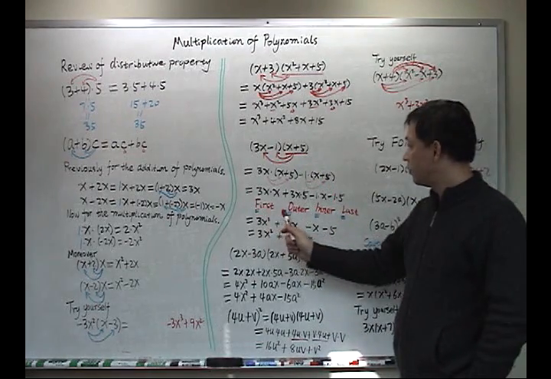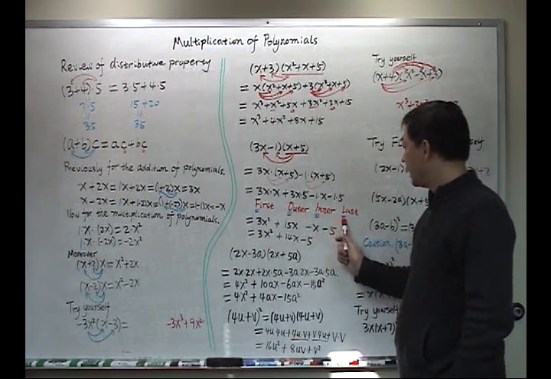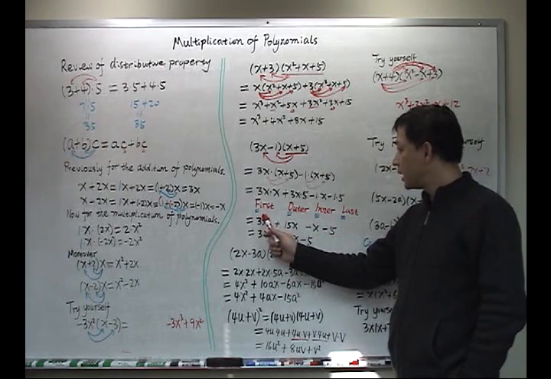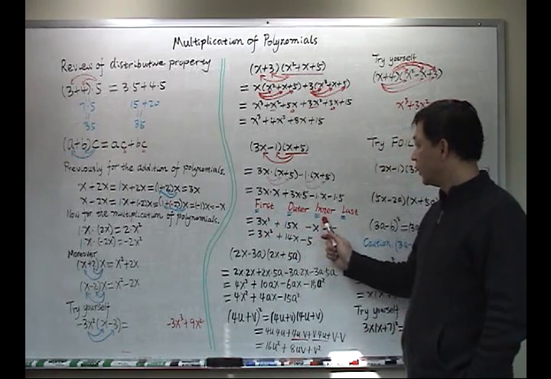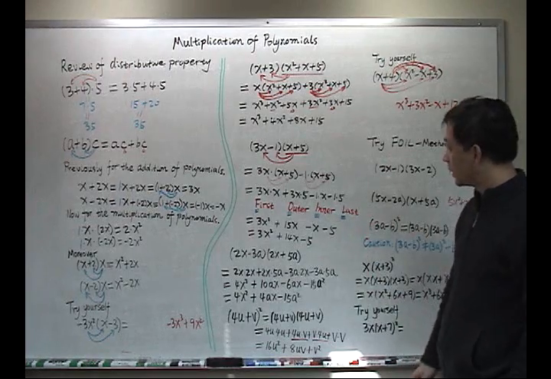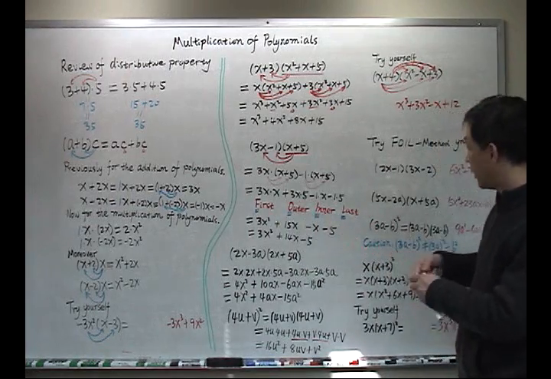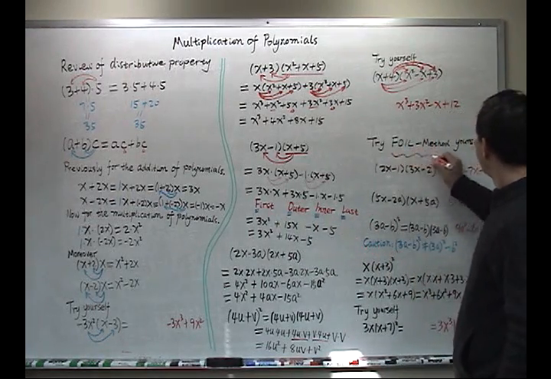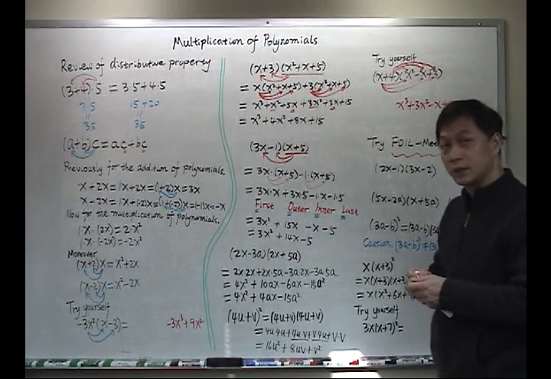So FOIL: first product, outer product, inner product, last product. Together we call this method the FOIL method. Okay?